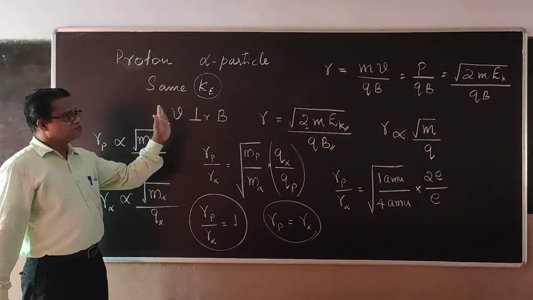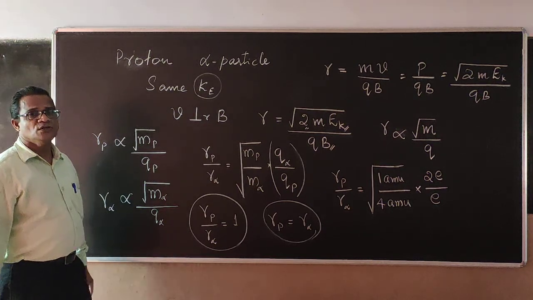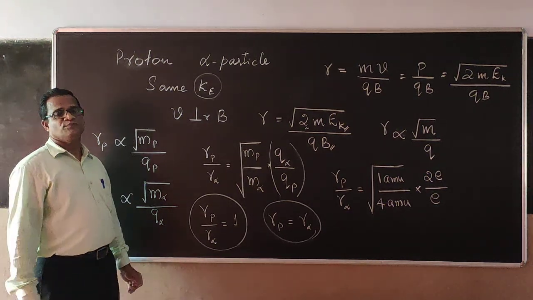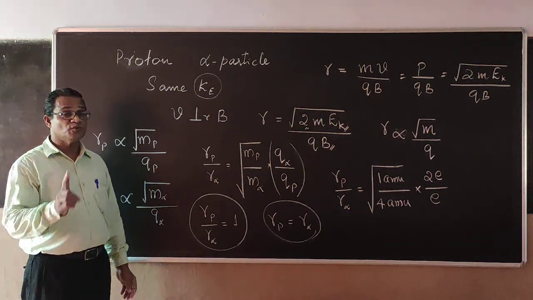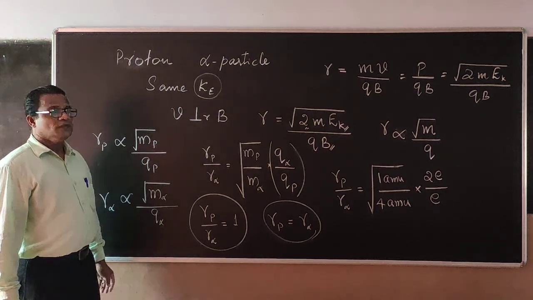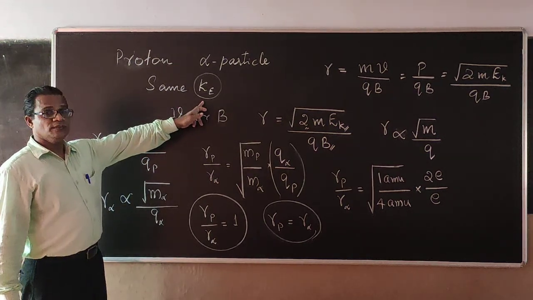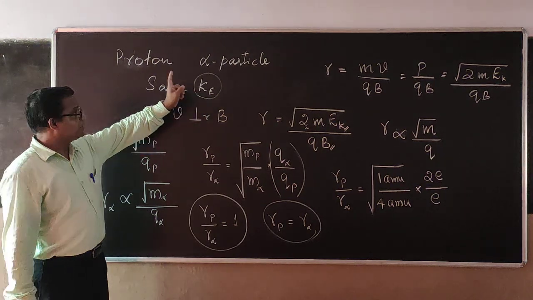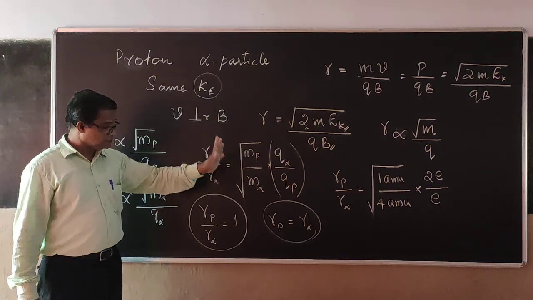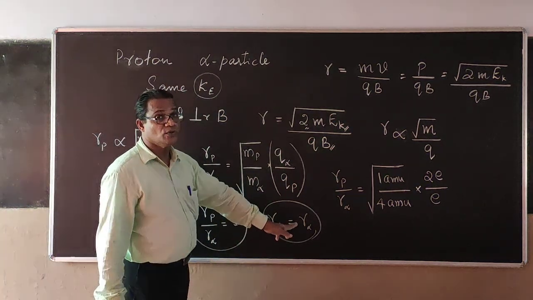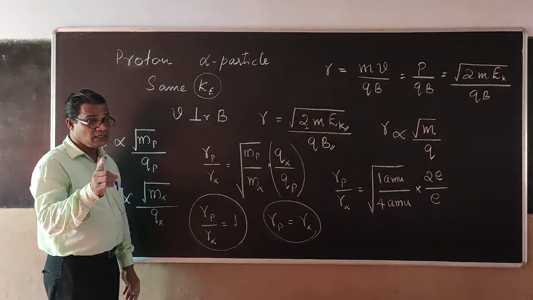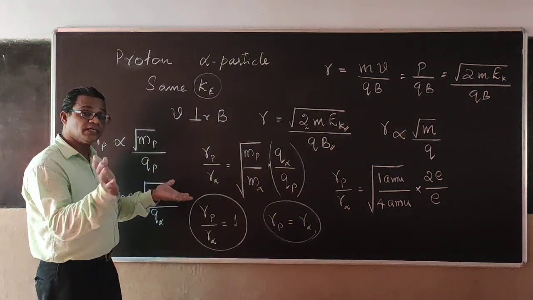So this is how we are using those equations for solving the problems. One more thing. Here the kinetic energies are equal and the particles are proton and alpha particle, and therefore you are getting Rp equal to R alpha. That doesn't mean that this is applicable to all the particles.